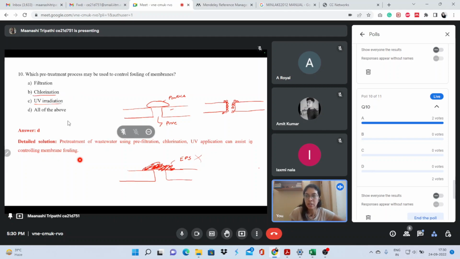So filtration alone is not the answer. Answer is all of the above. We want to do these kinds of treatment so that we can reduce all these types of fouling. The first fouling can be taken care of by filtration.